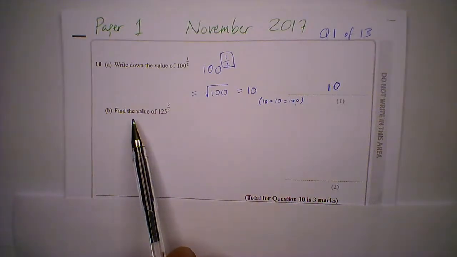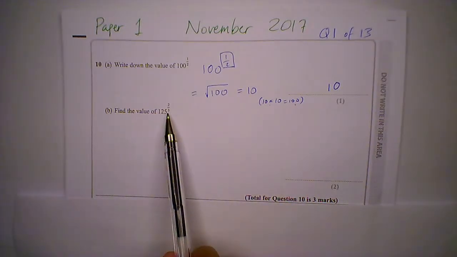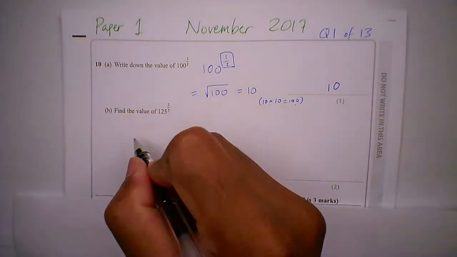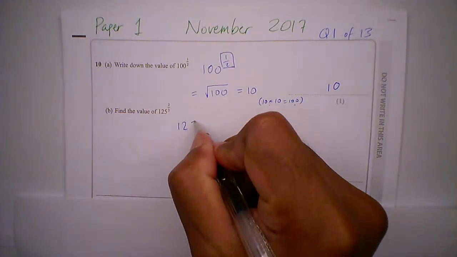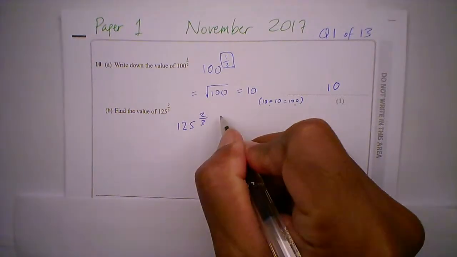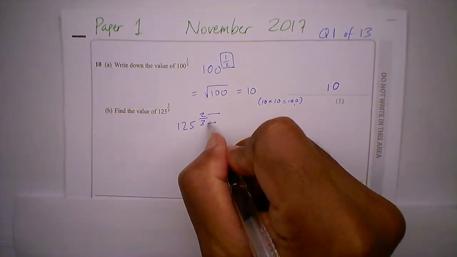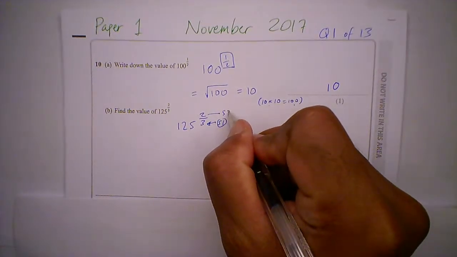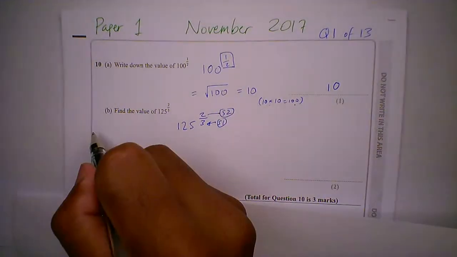Part B, find the value of 125 to the power 2 over 3. So step 1 is I work on the root, and step 2 is I raise it to the power. Let me write this out.